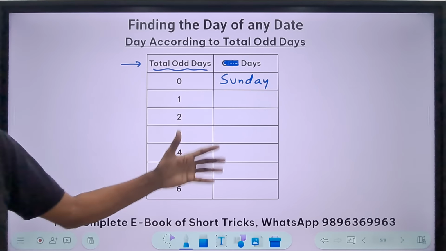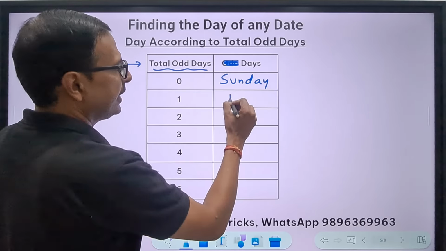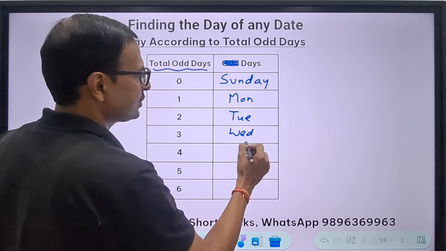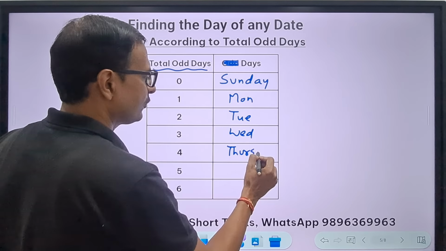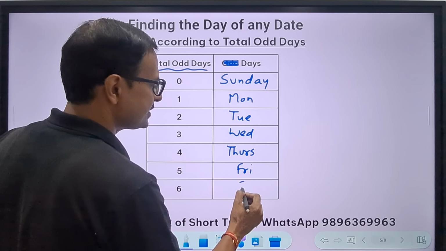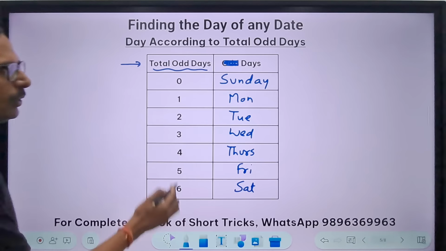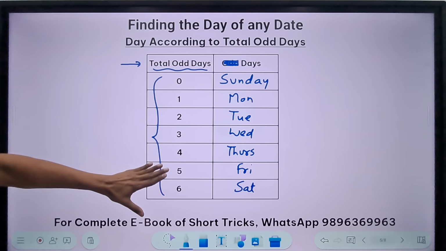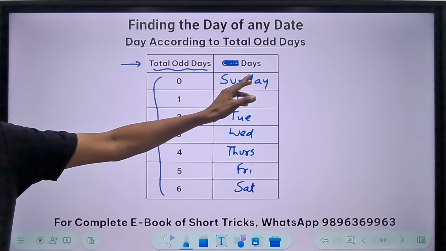And likewise, now you can move on Sunday to Monday, Monday to Tuesday, Tuesday to Wednesday, Wednesday to Thursday, Thursday to Friday, and Friday to Saturday. So according to how many total number of odd days are there in the date which is given to you, according to that you will have the corresponding day of the week.